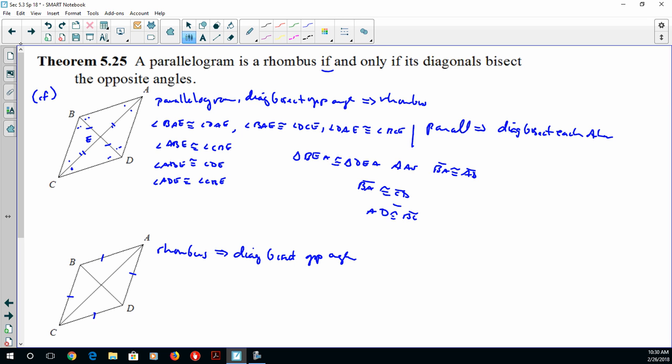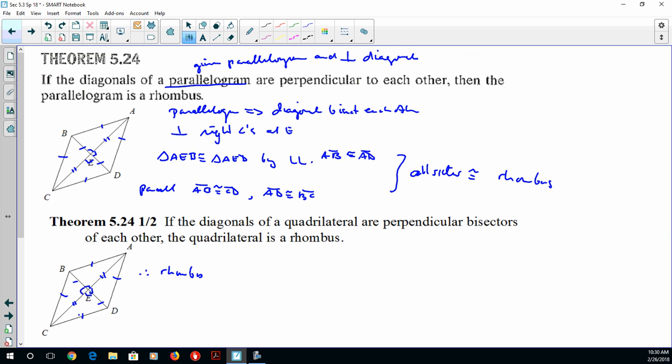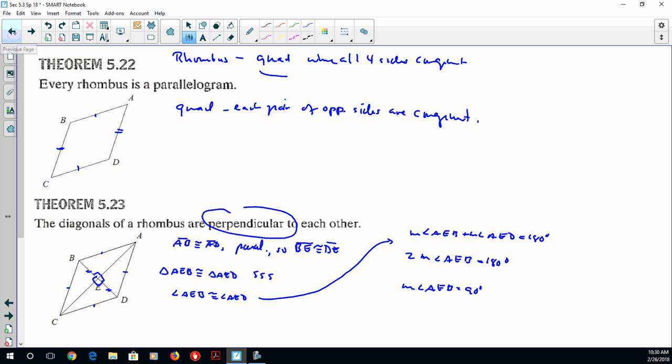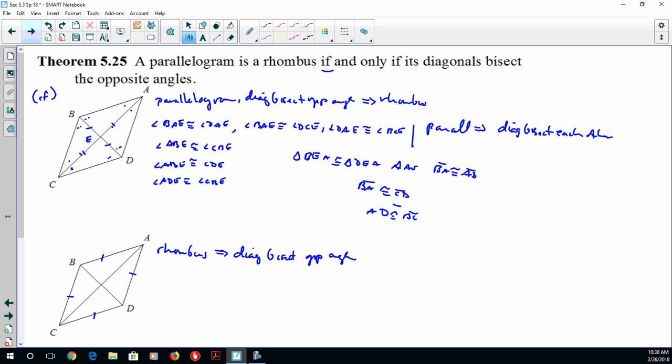So I know that the rhombus is a parallelogram. So I know that the diagonals bisect each other. So that gives me that they bisect each other.